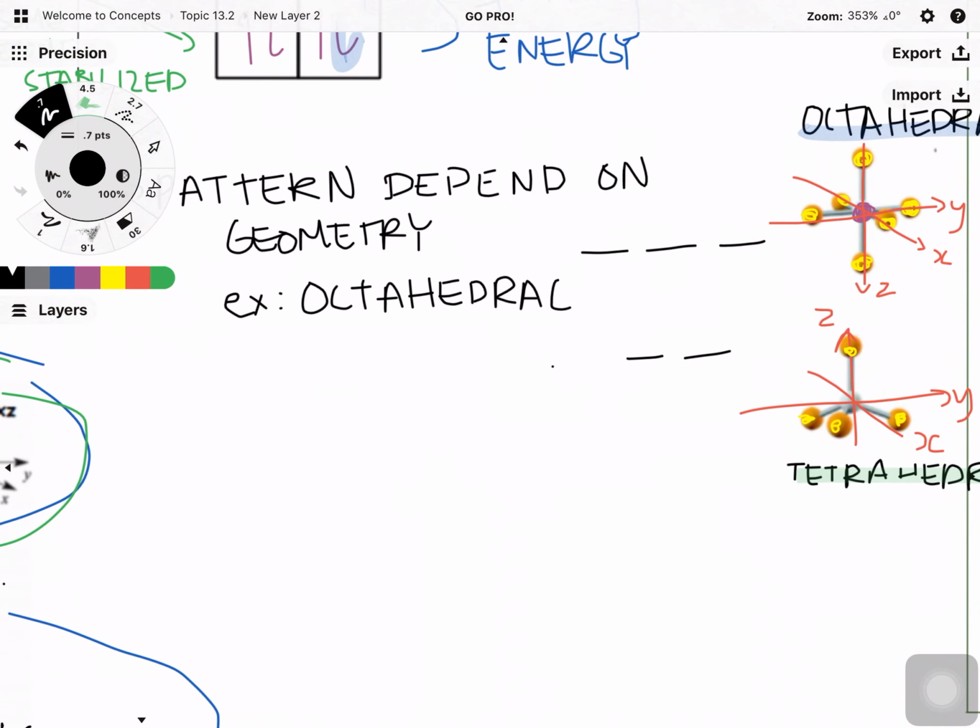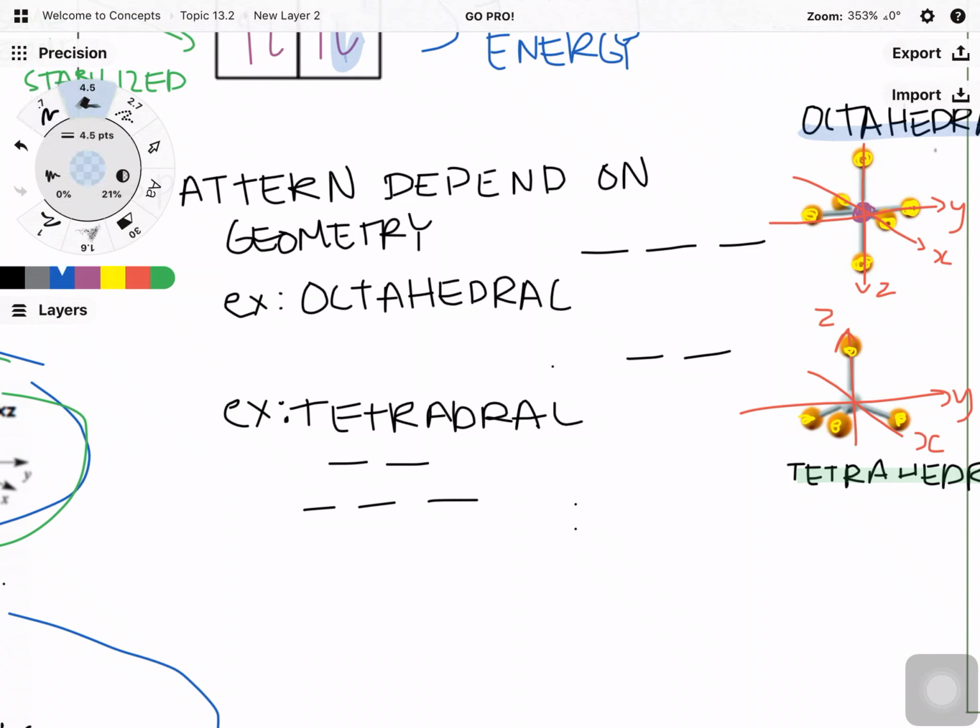When we have a tetrahedral shape, on the other hand, we end up getting 2 d orbitals that are higher energy, the one along the z axis and the one between the xy axis, and 3 that are lower energy level.